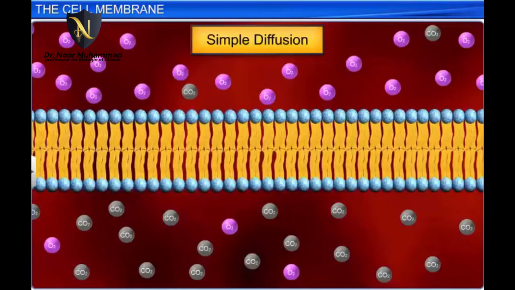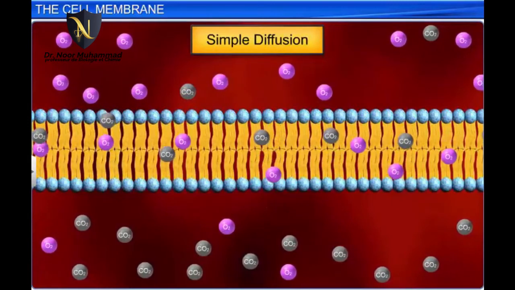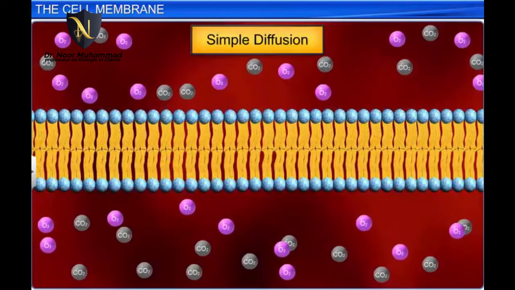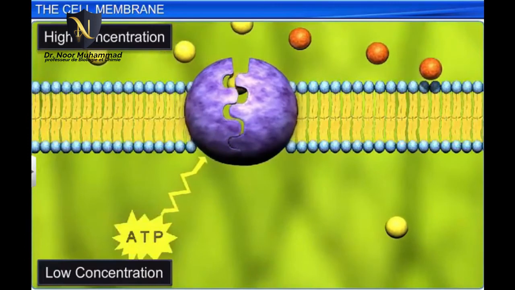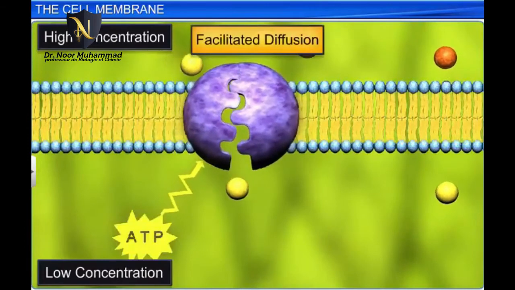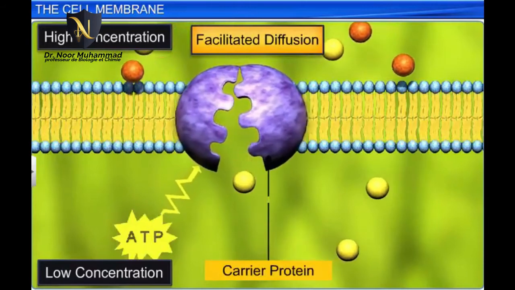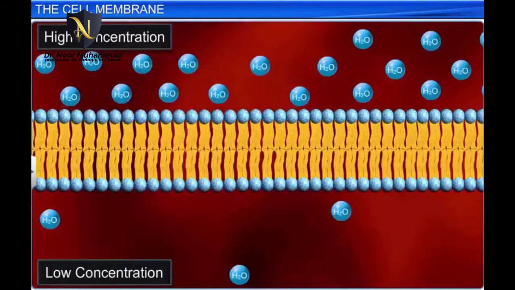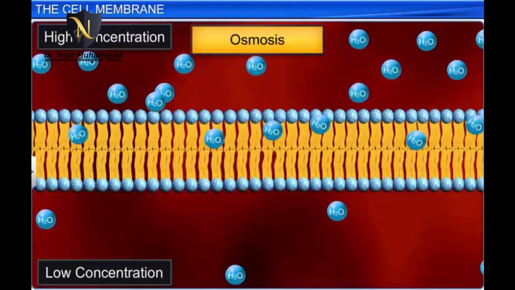In simple diffusion, oxygen and carbon dioxide molecules freely move across the membrane from higher to lower concentration, whereas larger molecules, such as glucose, are transported by facilitated diffusion, in which carrier proteins in the membrane change their shape and accelerate the diffusion process.